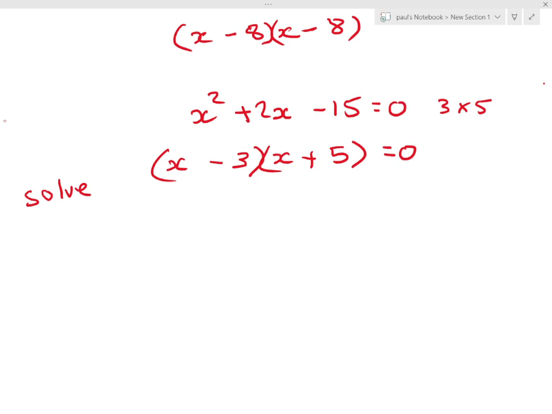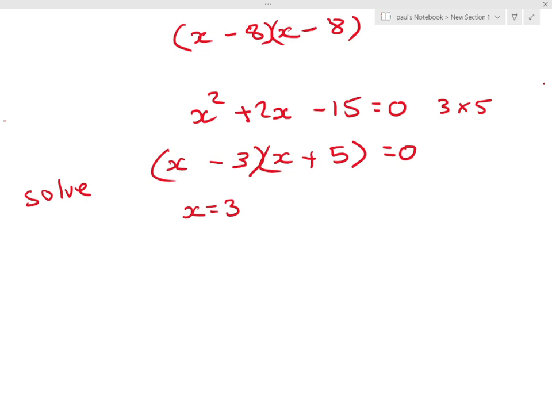Now, in order for the answer of the multiplication of these two brackets to be 0, one of the brackets or the other must be equal to 0, because anything times 0 equals 0. So in order for the left hand bracket to equal 0, x must be equal to 3, because 3 minus 3 equals 0.